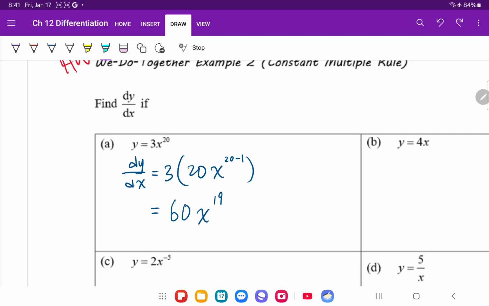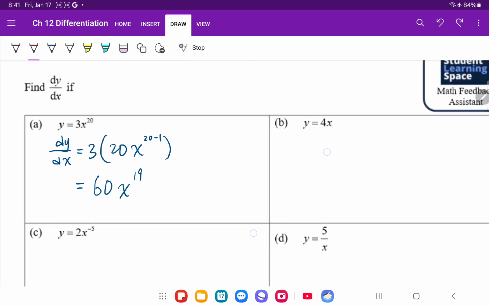If I can see the answer just by imagining 3 times 20 to give 60, and then later on, the 20 go and subtract 1 to give 19, can I actually skip this working and straight away jump to this? Actually can. If you can see it fast enough, you can actually do it. Okay, but we'll do that later once we get used to the technique. For now, let's just write all the working.